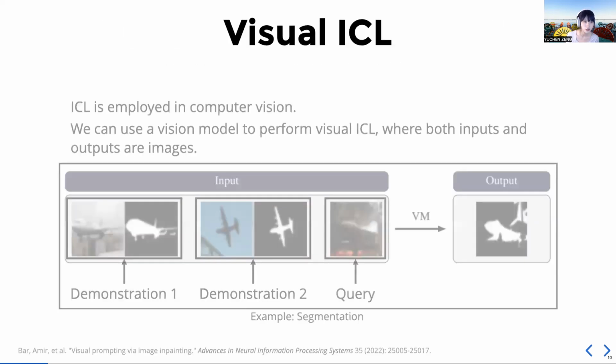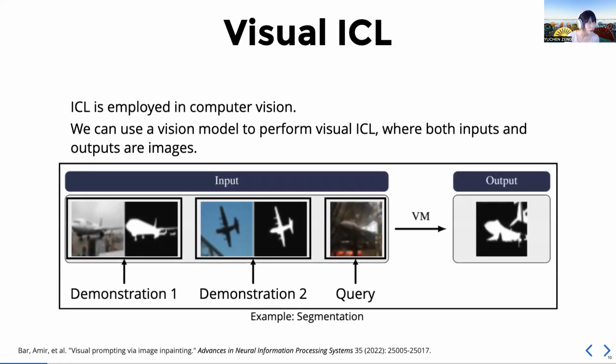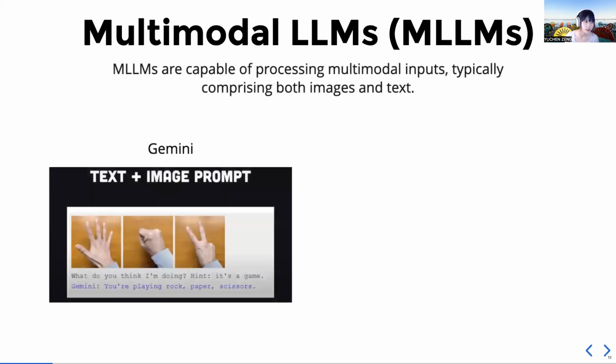In addition to handling those unimodal inputs, recently a lot of multimodal large language models have been developed. Multimodal large language models are capable of processing multimodal inputs, typically comprising both images and text.